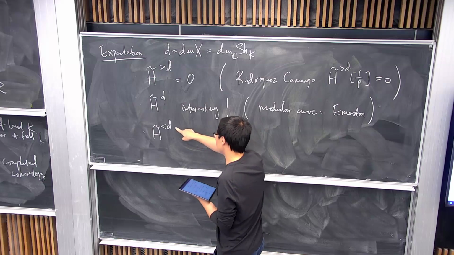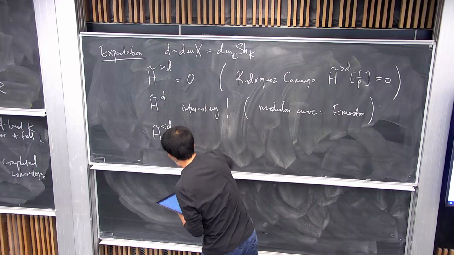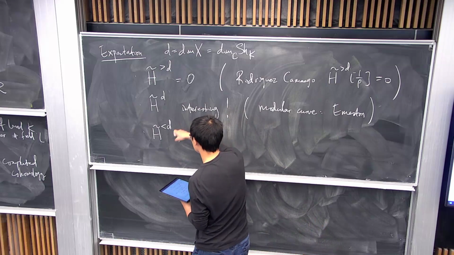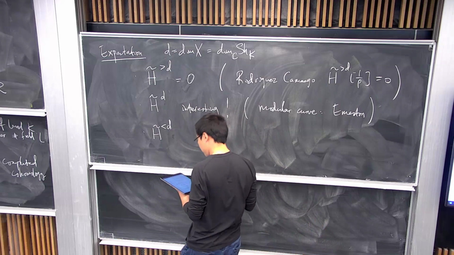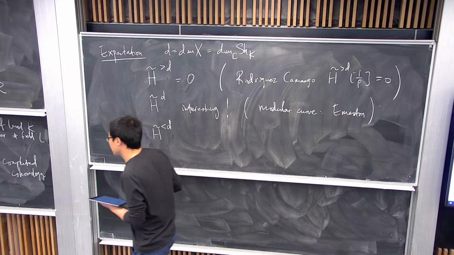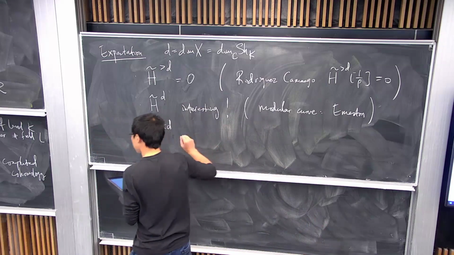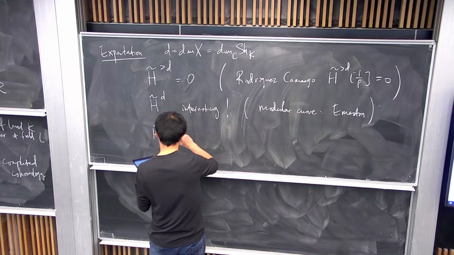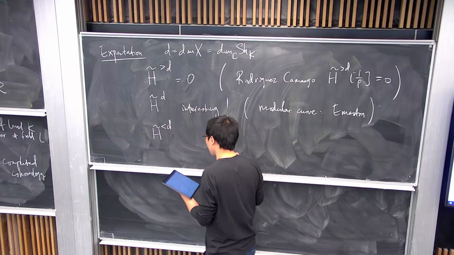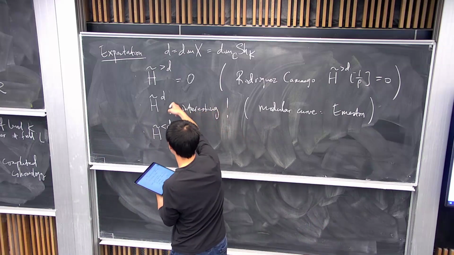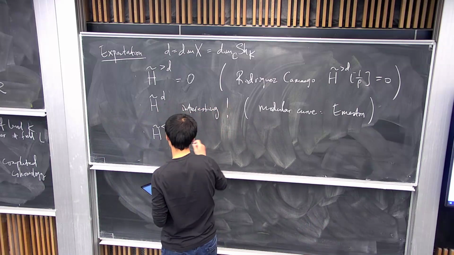It's also interesting, but what we expect is that somehow the cohomology classes are more non-generic compared with the cohomology classes appearing in the middle degree.